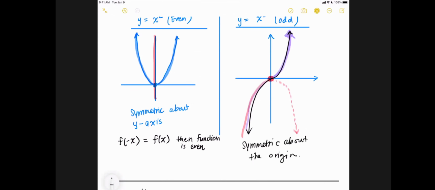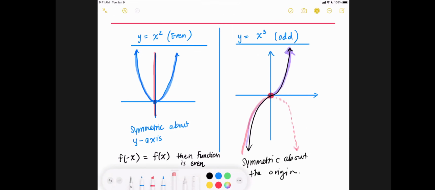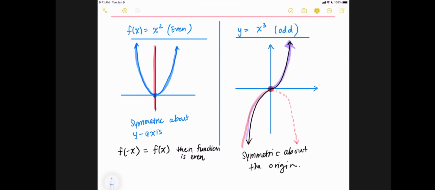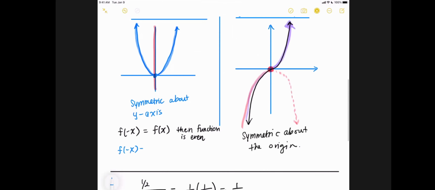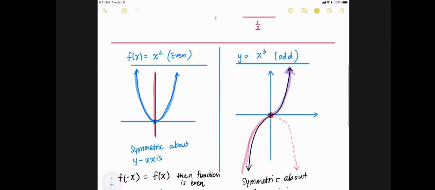So for this example, if we replace the y by f of x, and do the test, f of negative x, with the function defined to be x squared, we replace it with our input of negative x, and see how this becomes x squared, which is the original function.